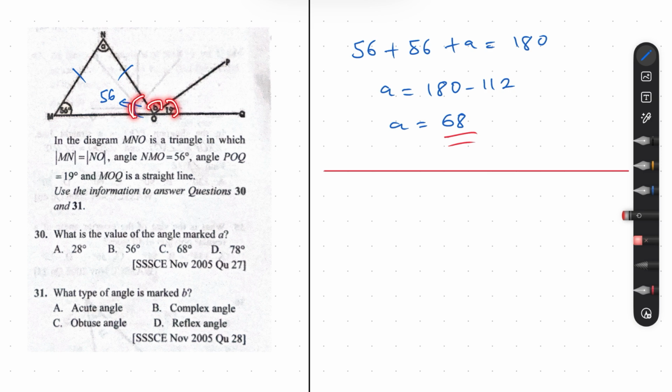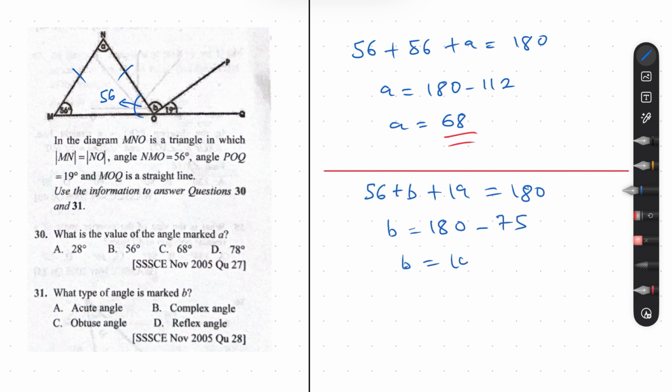When we add 56 plus b plus 19, we should have 180. So b is equal to 180 minus 75, which is 105.